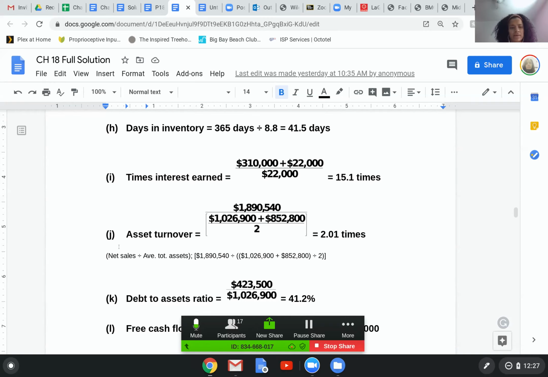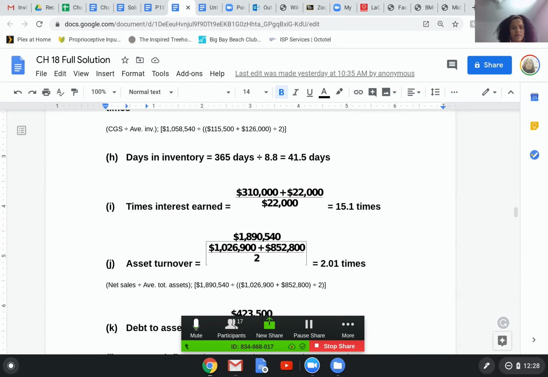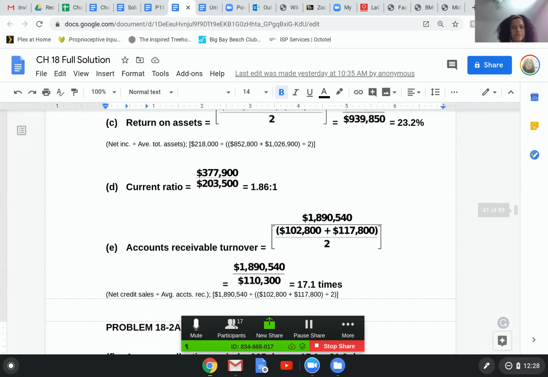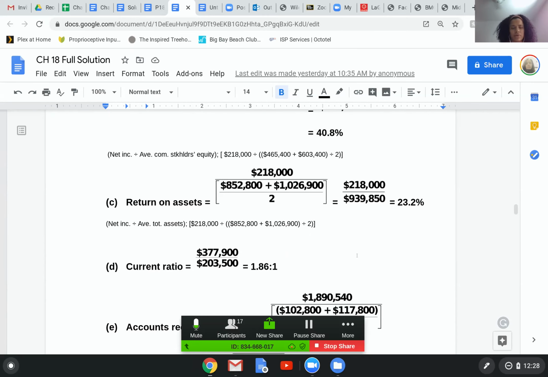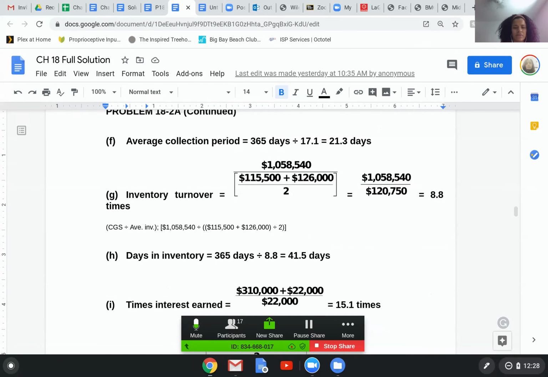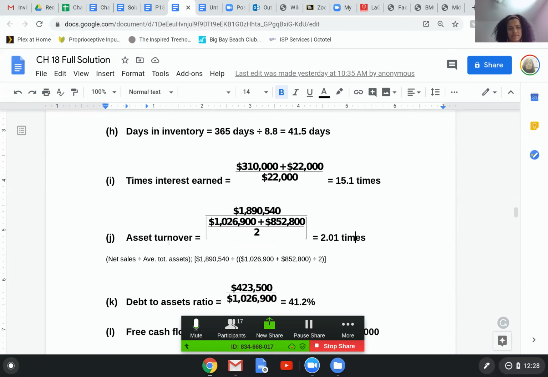Asset turnover is the net sales divided by the average total assets. We already did average total assets on top here when we did the return. When we did the return on assets, that was with net income. The asset turnover is with the sales number. So sales divided by the average assets is 2.01 times.